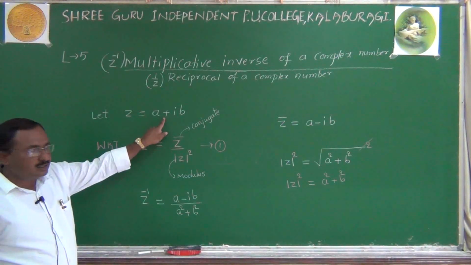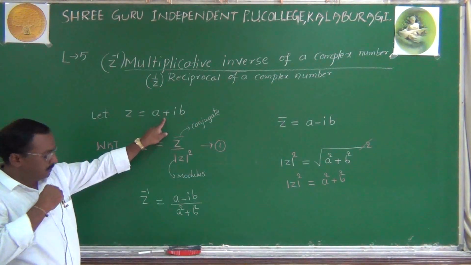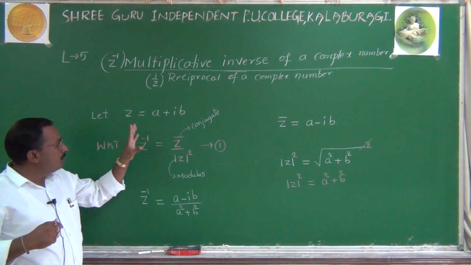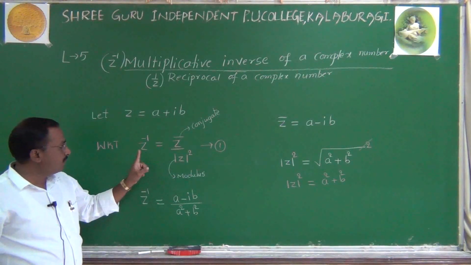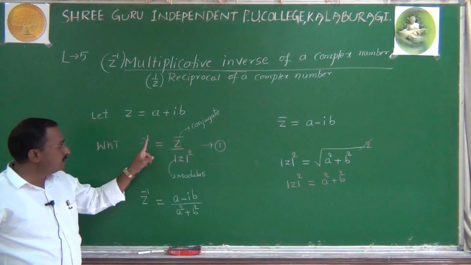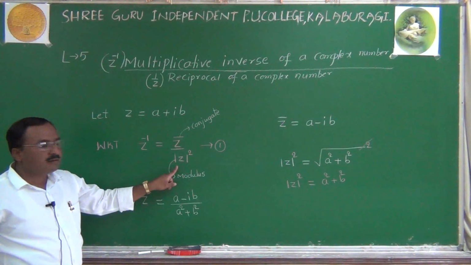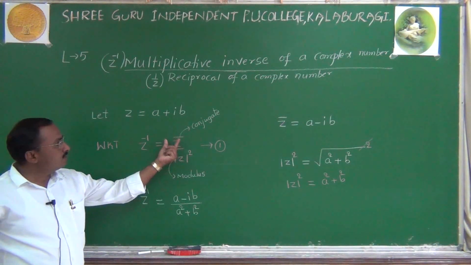Let z is equal to a plus ib. To find the multiplicative inverse of this, the formula is z inverse is z bar divided by modulus of z whole square. Z bar is the conjugate.